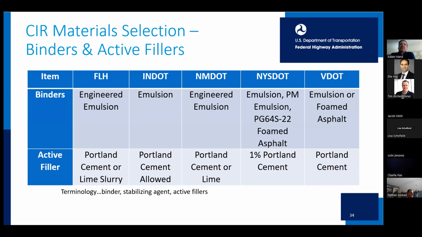As far as active fillers, Portland cement was what everybody was using. Although federal lands and New Mexico, you could either use cement or lime. And in the case of FLH, it had to be a lime slurry. So again, states are using what they've deemed successful.